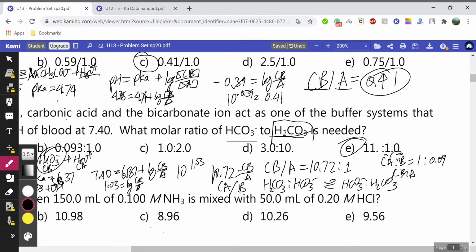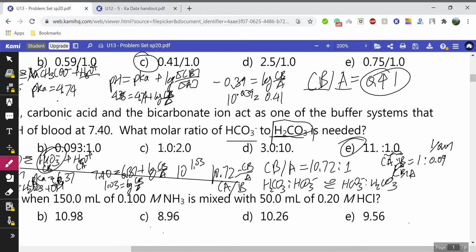So you want to flip these two. Now to do that, you're going to divide 1 by 0.09 to find out how many times you need to multiply both of these numbers by. 1 divided by 0.09 is 11.11. Well, this 0.09 is rounded. So if you don't round it, you'll get the same number as over here, 10.72. So let's just use the rounded one, and so for every 1 of this, there is 11 of this.